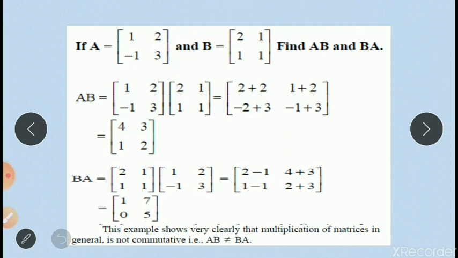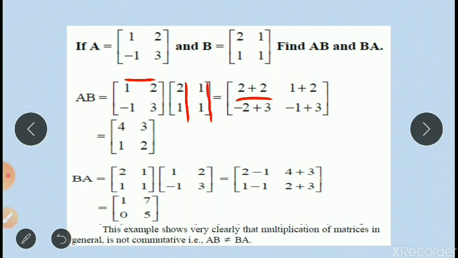The A matrix first row will be multiplied with the B matrix first column. 1 into 2 plus 2 into 1 will get 2 plus 2. Next, we have to multiply the first row of A matrix with second column of B matrix.